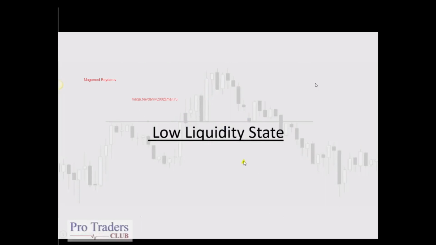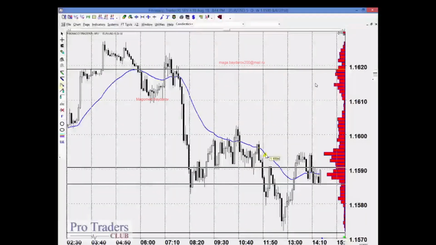In this session, I want to just talk a little bit about the price when it's in a low liquidity state. When price is in a low liquidity state, it is a seemingly harmless state at which price is really just in a consolidation phase.